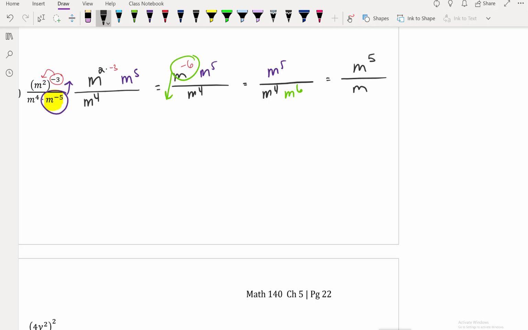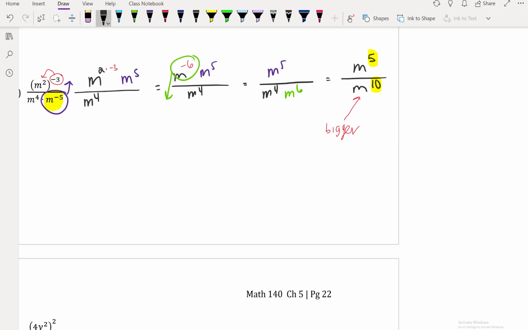So 4 plus 6 is going to give you 10. Now that they're both positive, you're looking at 10 and 5, which one is bigger? Hopefully you all said that the denominator is bigger.